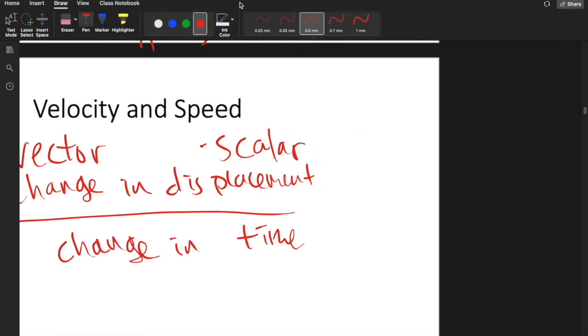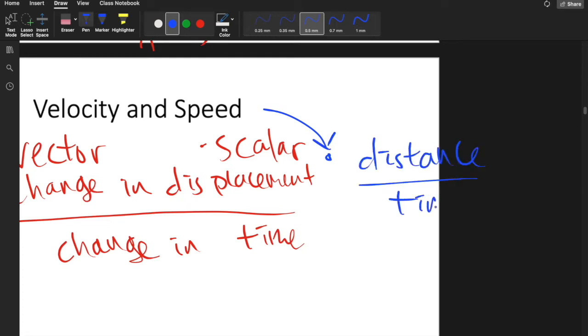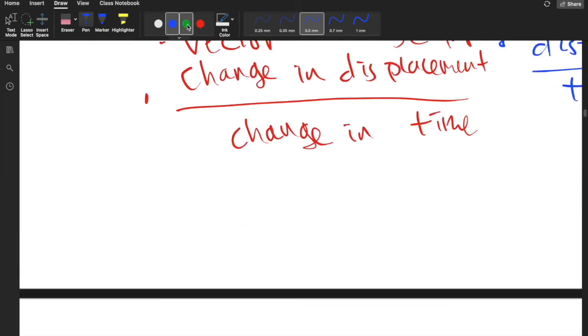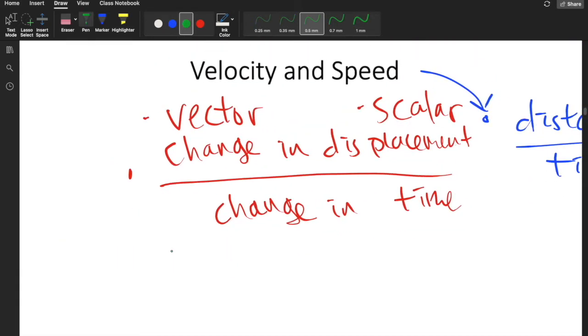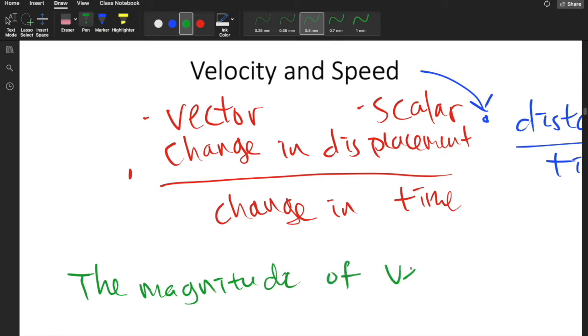And speed is equal to distance over time. So in other words, what we can say is the magnitude of the velocity vector is speed, right?